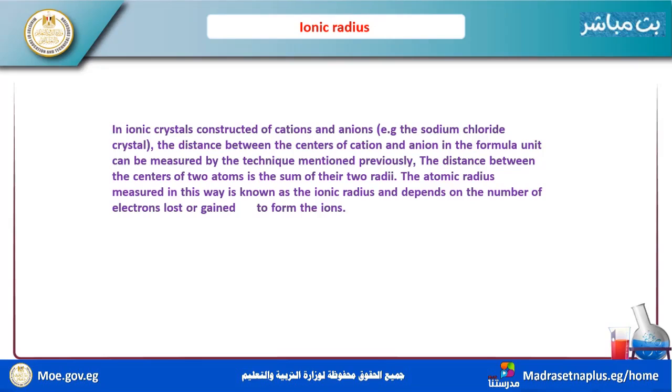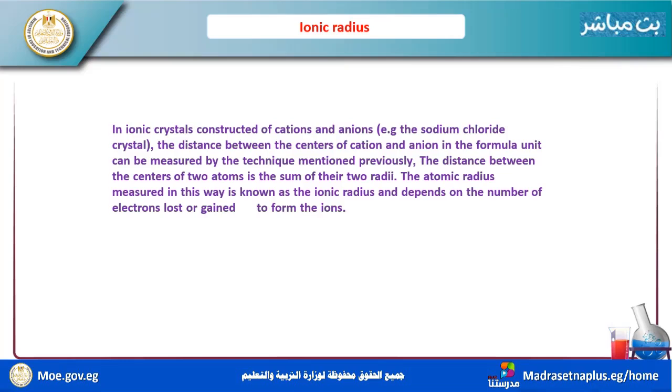In ionic crystals constructed of cations and anions, for example sodium chloride, NaCl, the distance between the centers of cations and anions in the formula units can be measured by technical methods.